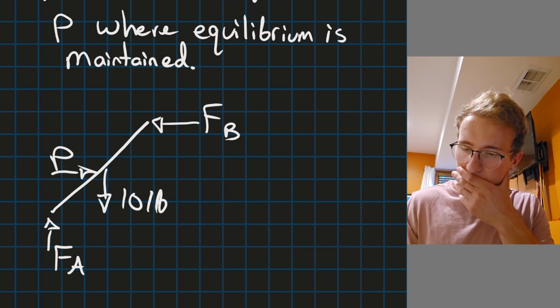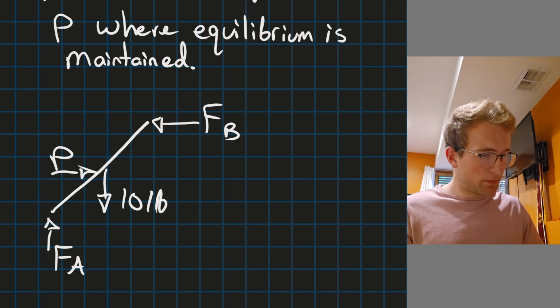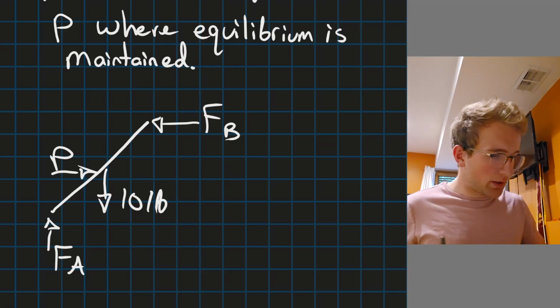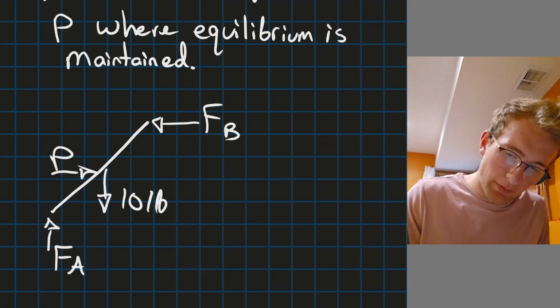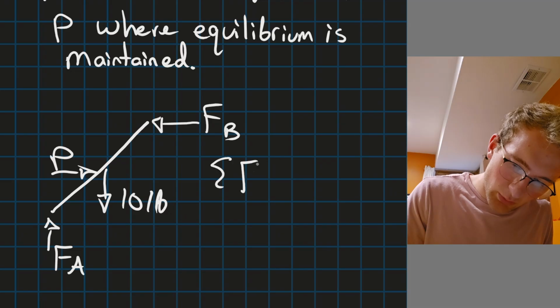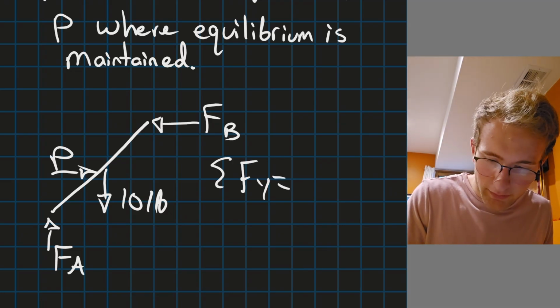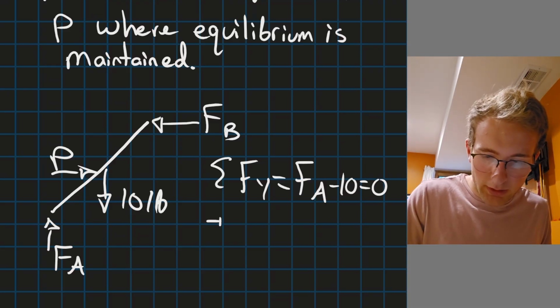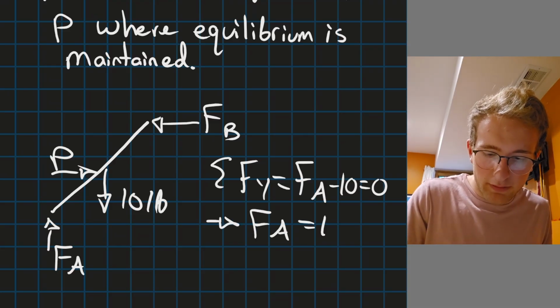So we can do sum of the forces in the y direction, and we get Fa minus 10 pounds equal to 0. So we get Fa is just 10.